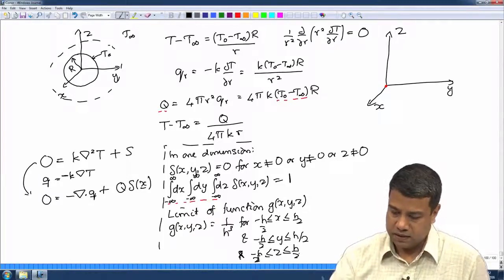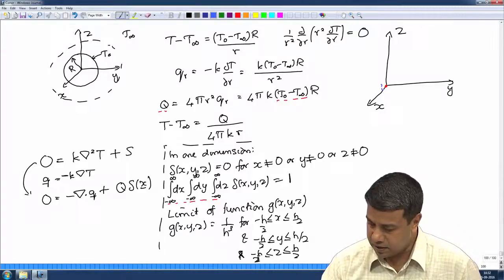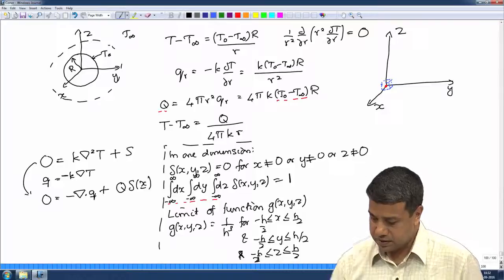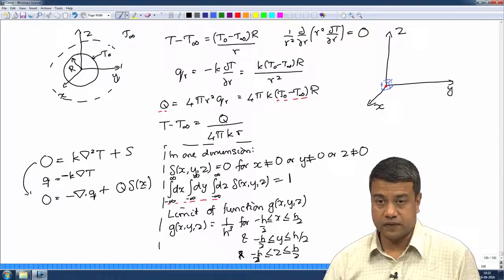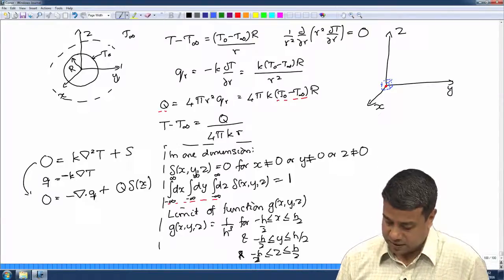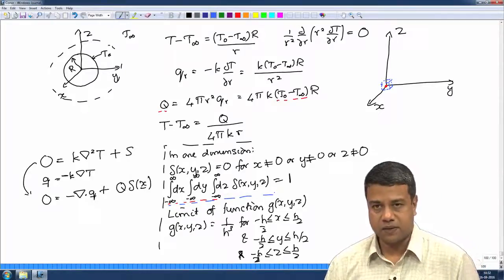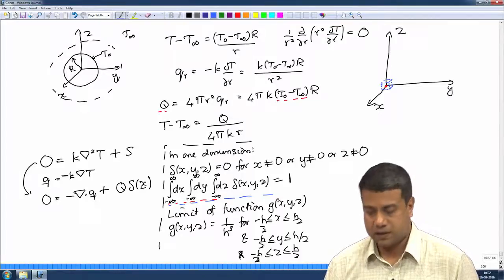So, only in a cube of side h at the origin is this non-zero, with a value of 1 over h cubed, in such a way that you can see this integral will be equal to 1.